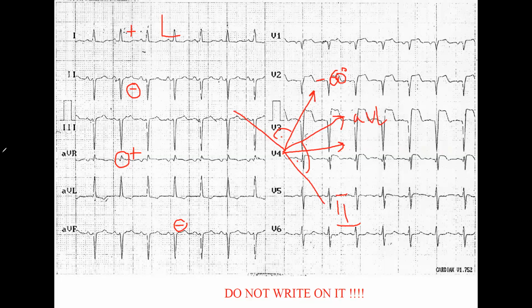What does it mean? Because the QRS is normal, it's most likely left anterior hemiblock. Yes, that's it. Immediately, from the axis, you can say that's a left anterior hemiblock.